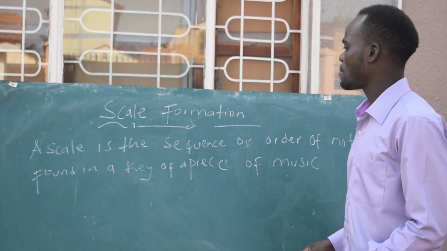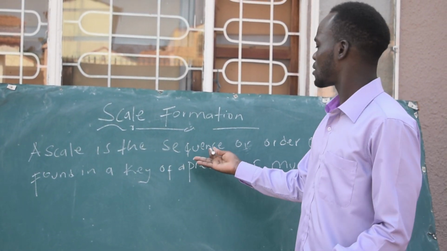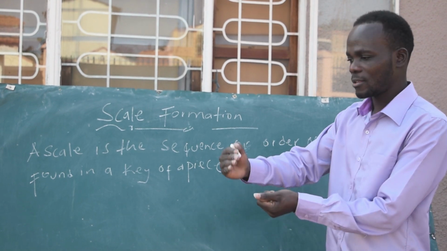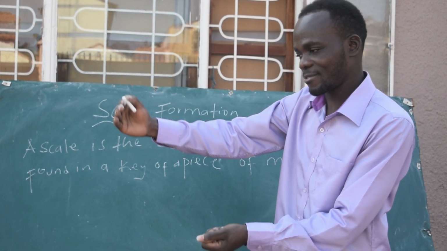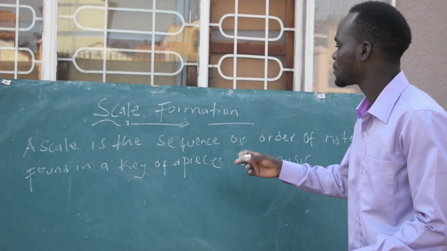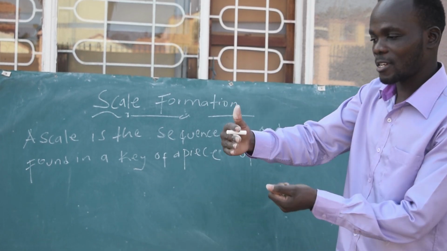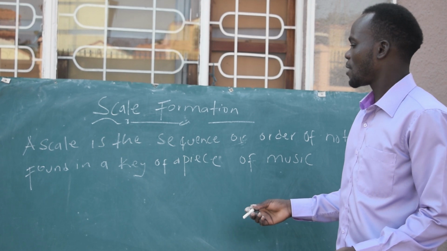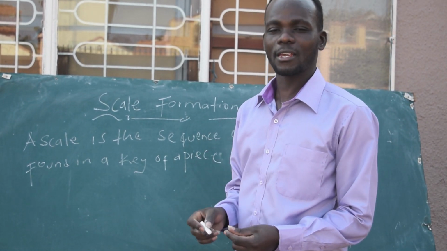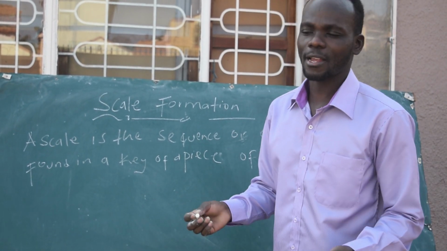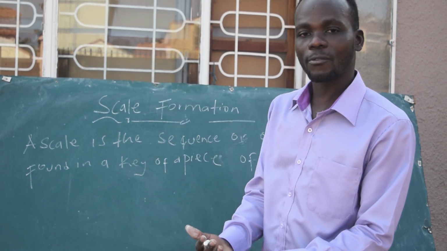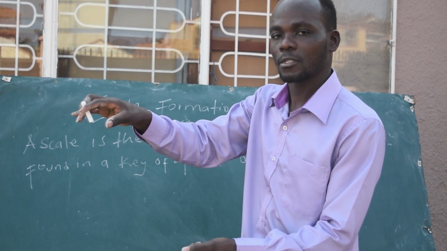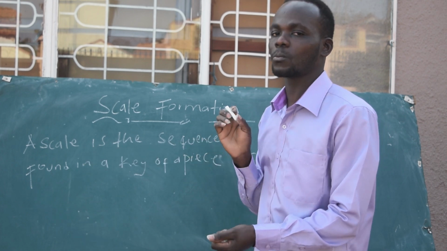music. I believe, of course, when I talk about sequence, what I mean is order, how things come to be. I've already explained that, but just like that, order. You get what I'm trying to say. Then a key is like a menu. It's just like a menu whereby they give you a menu of food and you have to select what you want.